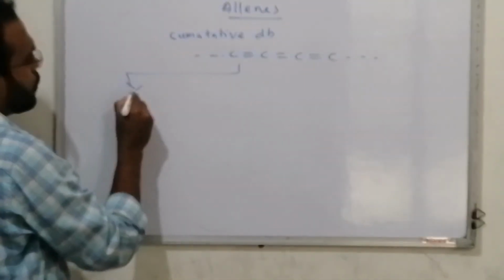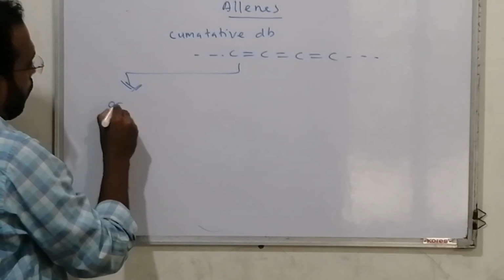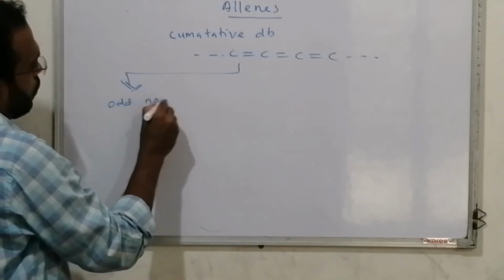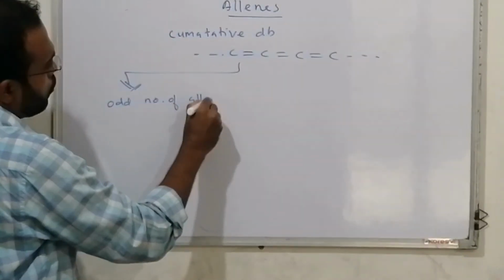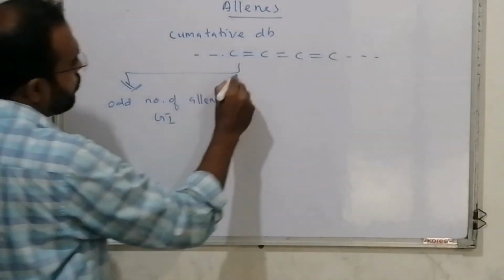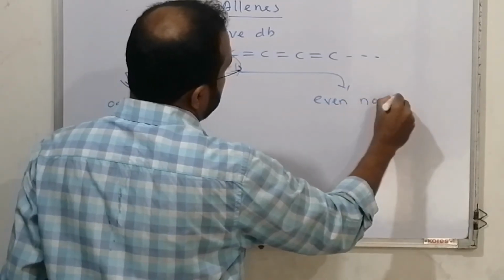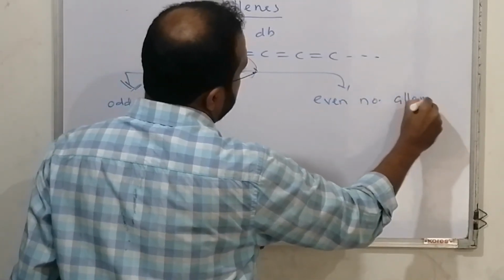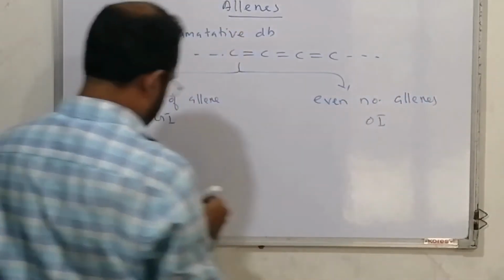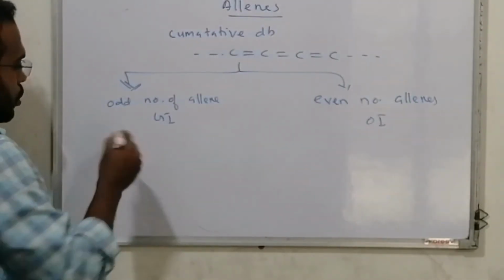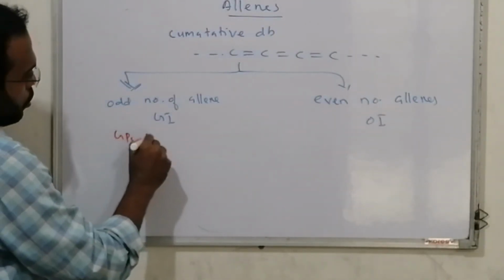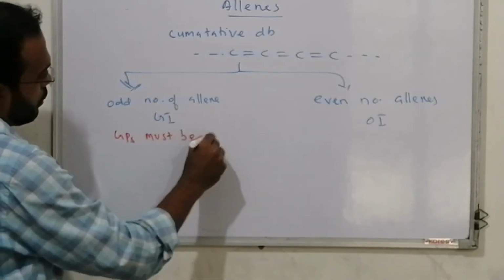Here also, odd number allene shows geometrical isomerism, even number allene shows optical isomerism. Here one more condition, groups must be different.